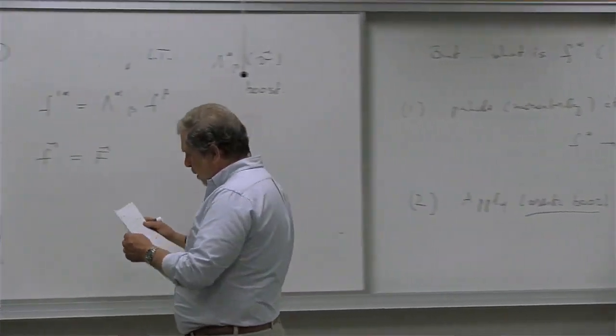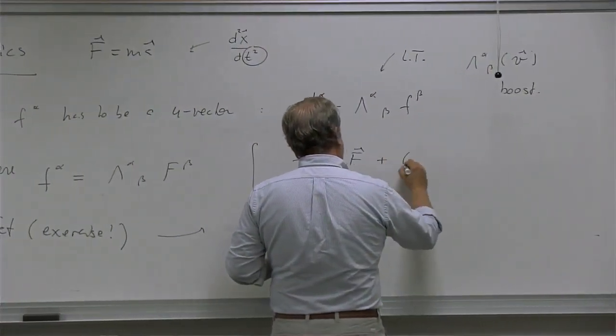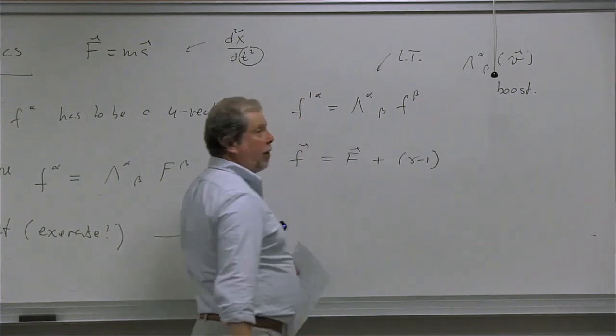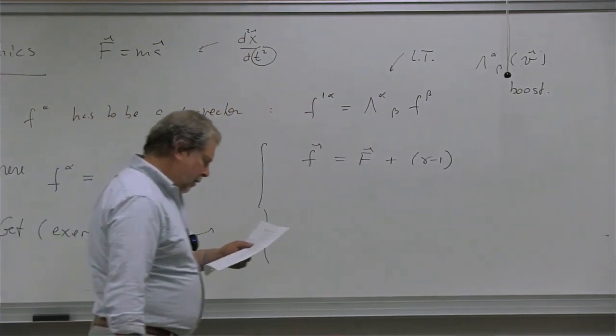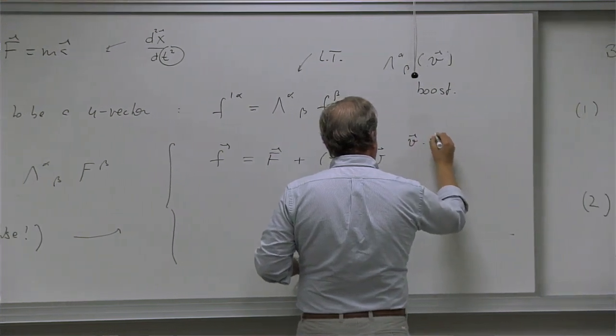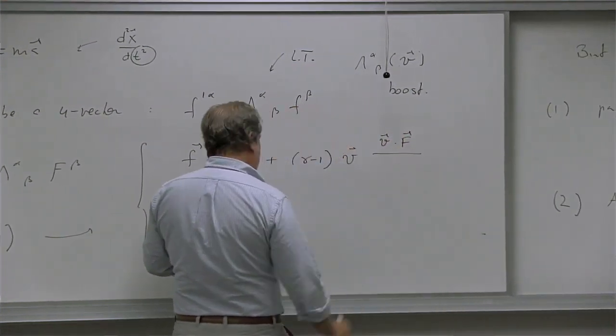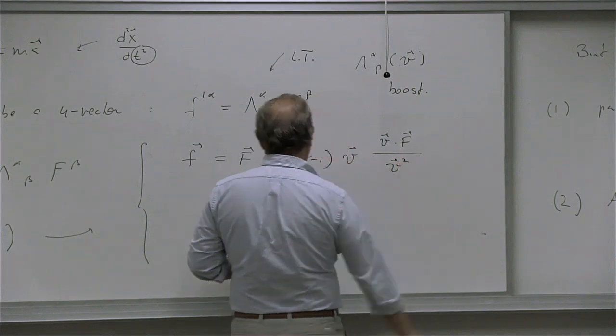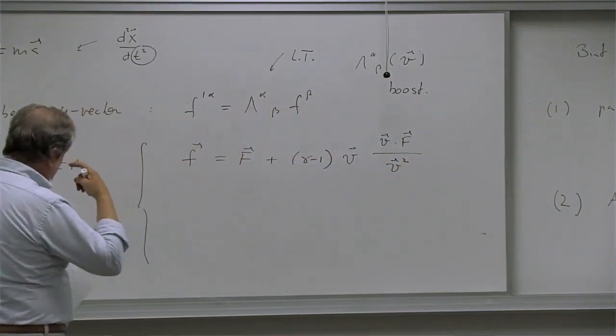The Lorentz boost part has this factor of gamma minus 1, and then there is the v i v j, which gives v times v dotted into f, and then the additional velocity factor, which is 1 over v squared.